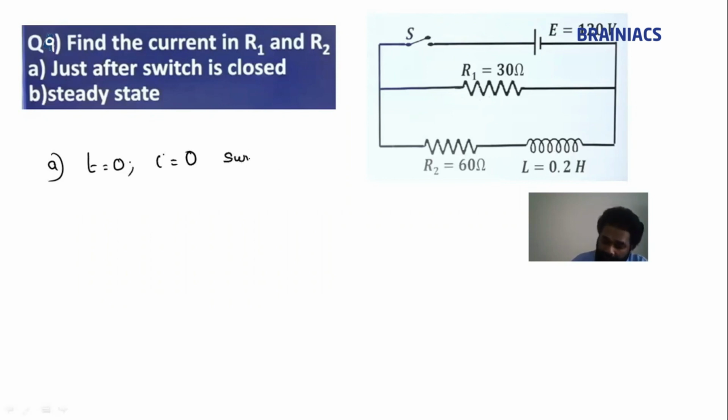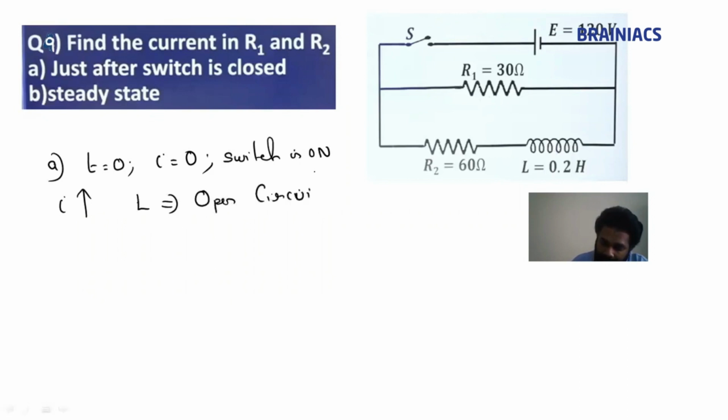When the switch is on, the current will develop in the circuit. That is, the current is increasing. So at that time the inductor will behave like an open circuit.